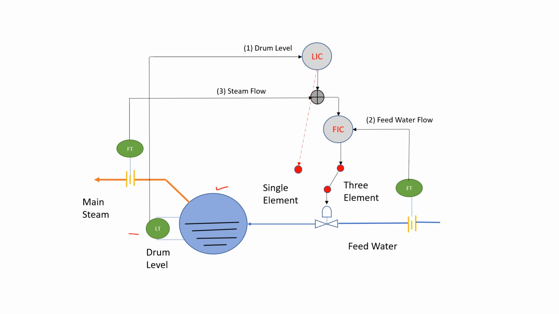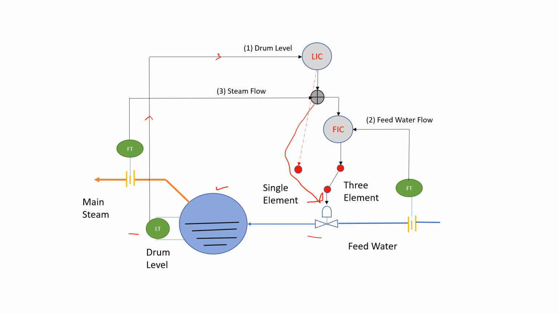Maintaining the level of the boiler is our primary concern. The output of this level transmitter goes to a level controller, and this level controller in turn sends a signal to the feed water valve.